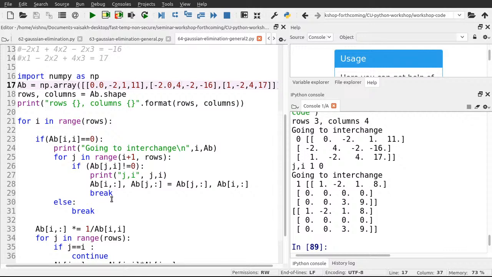If that entire row is 0, we should, without waiting for anything, interchange with the next row. There is no other way. So how do we check if the entire row is 0? Okay, let us see.